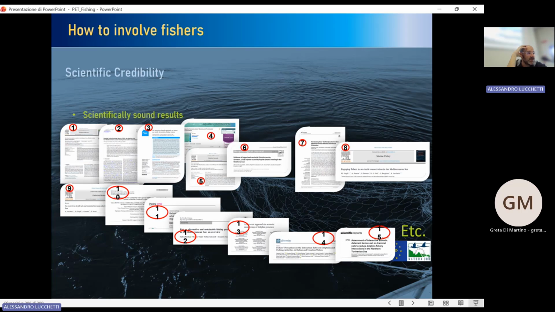In the infringement procedures against Italy, for instance, there are at least 4 of my papers cited by the EU Commission, not because I'm a great researcher, but they found my papers interesting for that specific issue, to justify that Italy didn't change enough for monitoring or for bycatch reduction. Therefore, also in your specific fields of activity, try to publish consistent papers to demonstrate and to have credibility in your field, I mean.